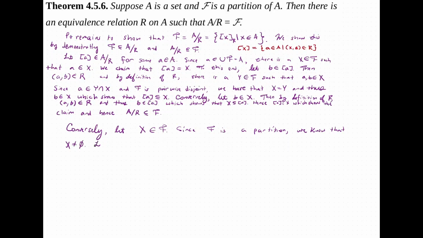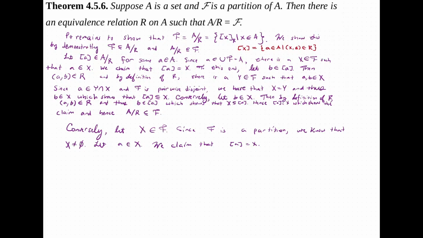So let us choose an A in X. And now we claim that the equivalence class of A is exactly equal to X, because that will show us that X, if it's equal to the equivalence class of A, is in A mod R. And so that will give us the other containment that we want to show.